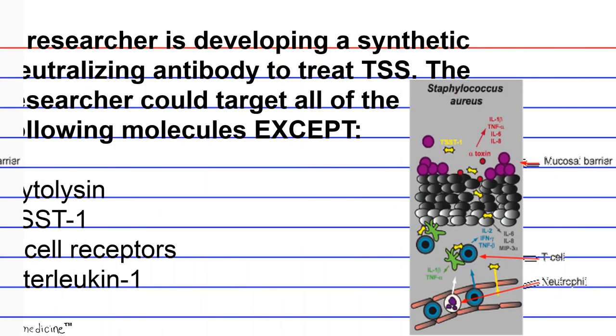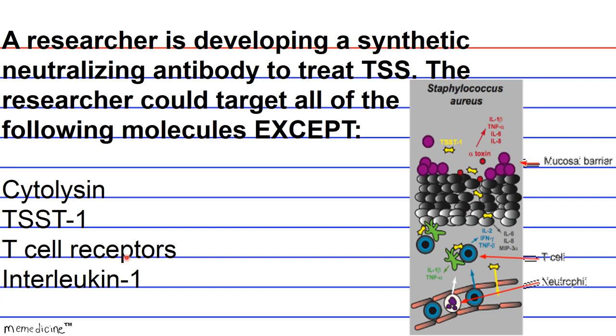Okay, so neutralizing cytolysin would prevent invasion of TSST1. So this is a potential target for a new treatment. Okay, answer choice A is out. Targeting the TSST1, the toxin itself, or the downstream inflammatory molecules like the interleukins might aid in TSS treatment as well.